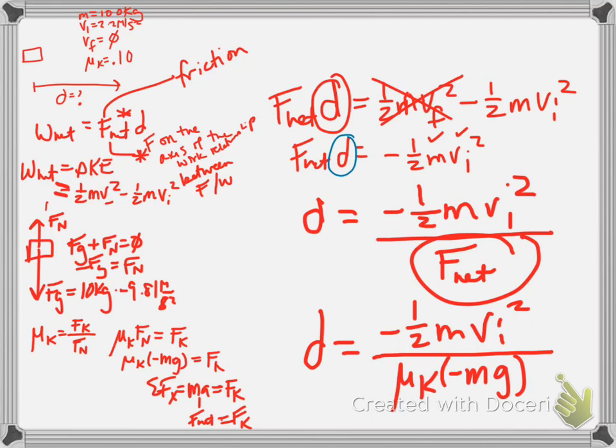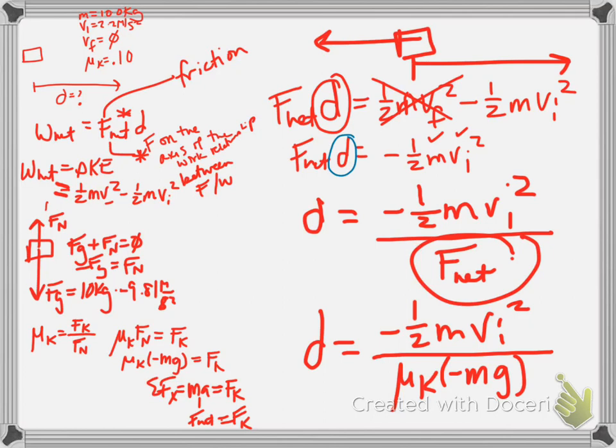Now there's one thing that we've left out here. And that's the angle between the direction it's traveling and the direction that the force is acting on it. Let's think about a force diagram for this. It's traveling this way. Which direction is the frictional force acting? That way.